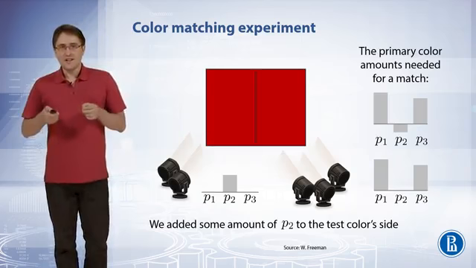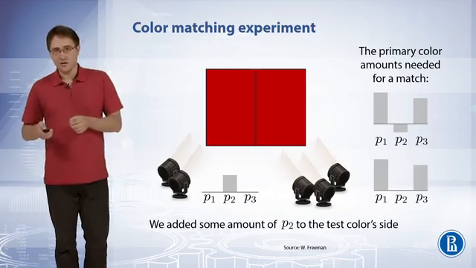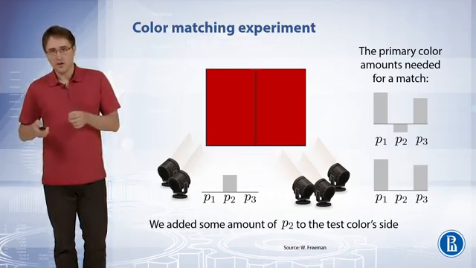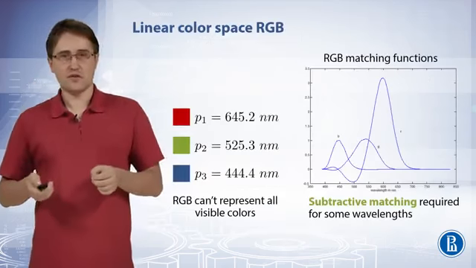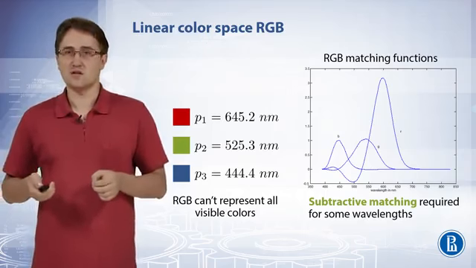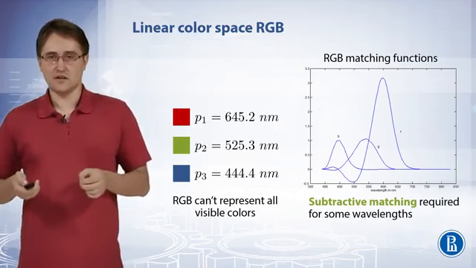This corresponds to a negative weight. If we need to add some primary color to the test source, then we write this down as a negative coordinate of this primary in the color matching functions. So the result of this experiment is that the RGB model can't represent all visible colors. Subtractive matching is required for some wavelengths.